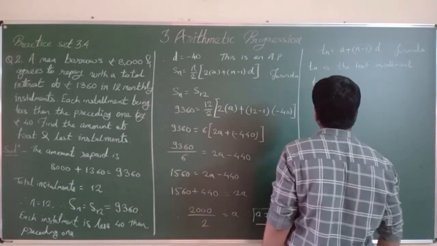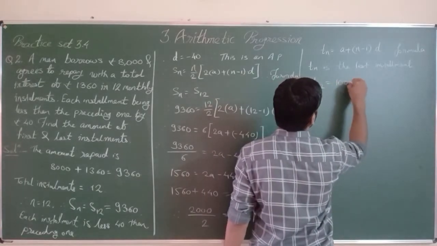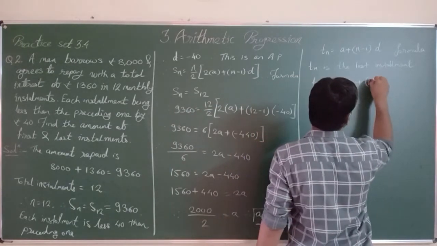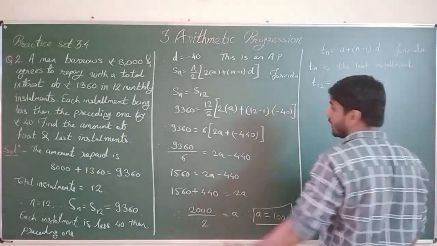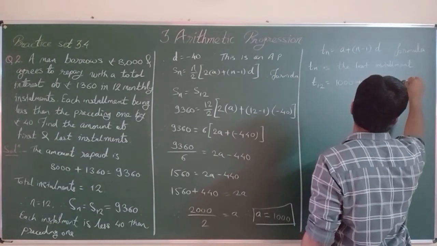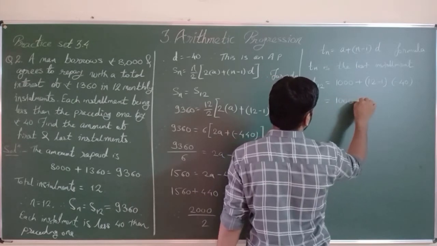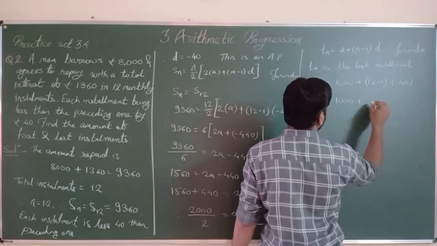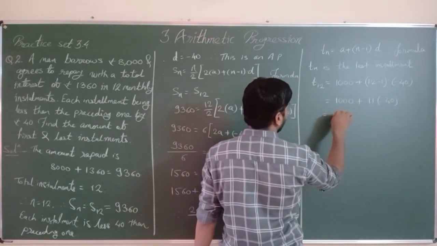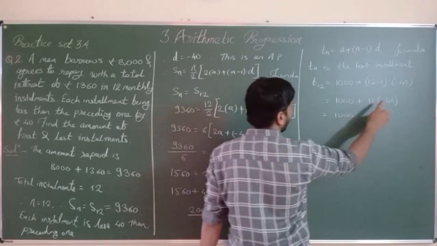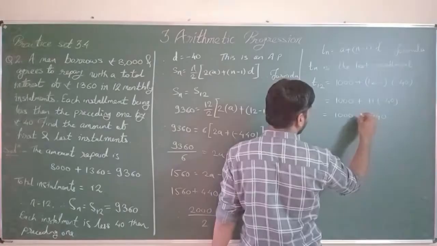And T12 is equal to a, which is first term. Value of a is 1000 plus n minus 1, that is 12 minus 1 into d, which is common difference, which is negative 40, which is equal to 1000 plus 11 into negative 40, which is equal to 1000. 11 4s are 44, 0, that is 440.